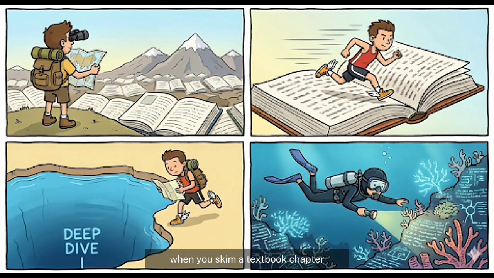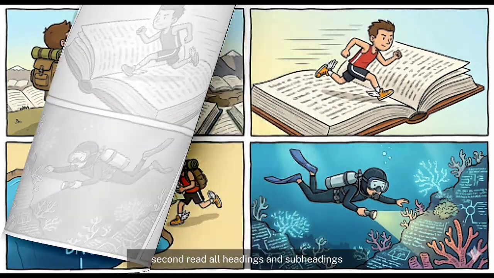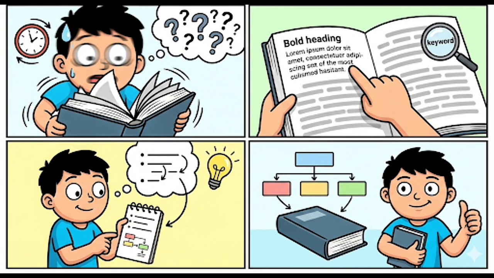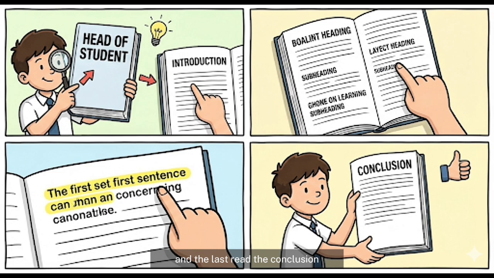When you skim a textbook chapter, first, read the title and introduction clearly. Second, read all headings and subheadings. The third, crucial step: read the first sentence of every paragraph. In academic writing, this is usually the topic sentence holding the main idea. And the last, read the conclusion.